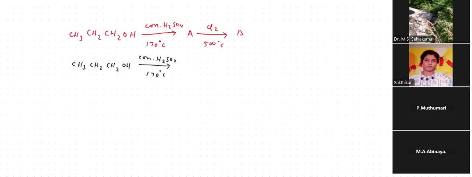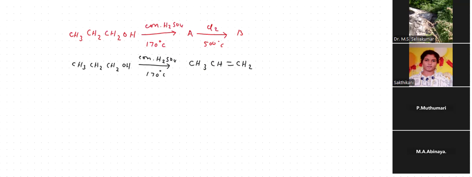So if the water molecule has to be pulled out, one O has to leave and two hydrogens are to leave. If you write this elimination, the compound formed will be CH3, CH, double bond CH2. An alkene is formed.